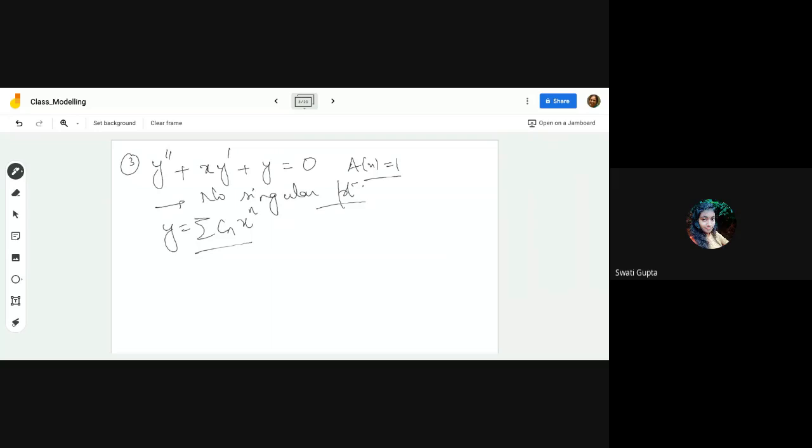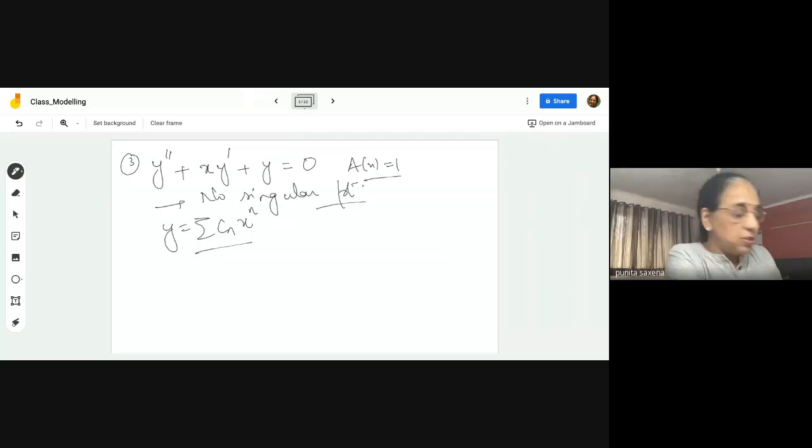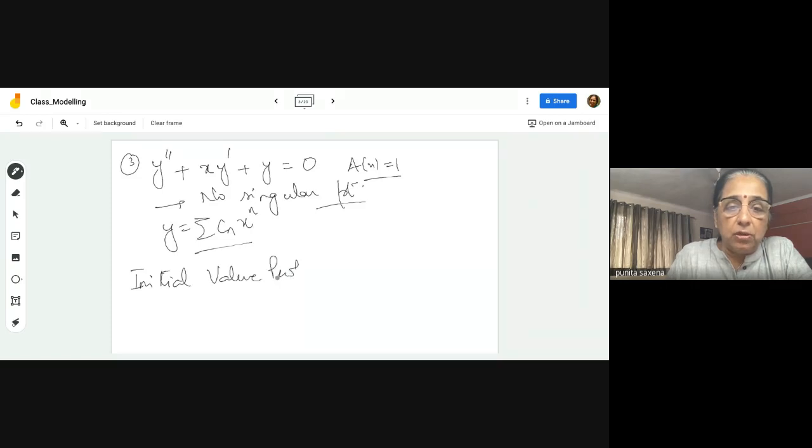Yes, ma'am. Okay, so the first 15 problems of 8.2 are based on this only, where you have to solve it like this. Then again, like we have talked of initial value problems, in a similar manner we can talk of initial value problems here also.